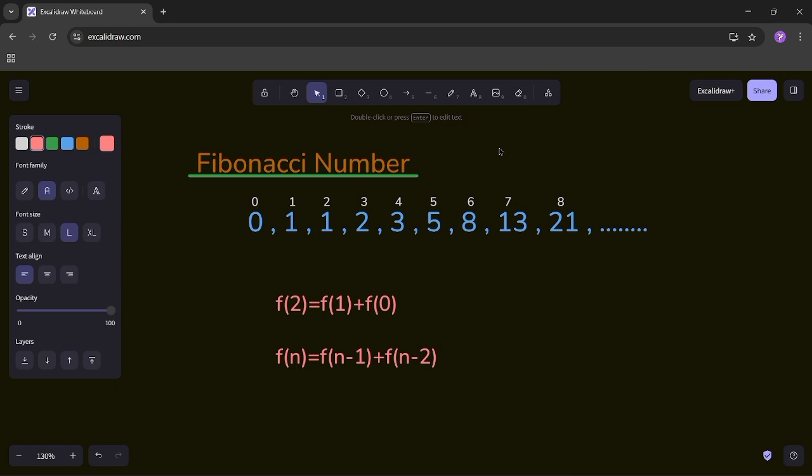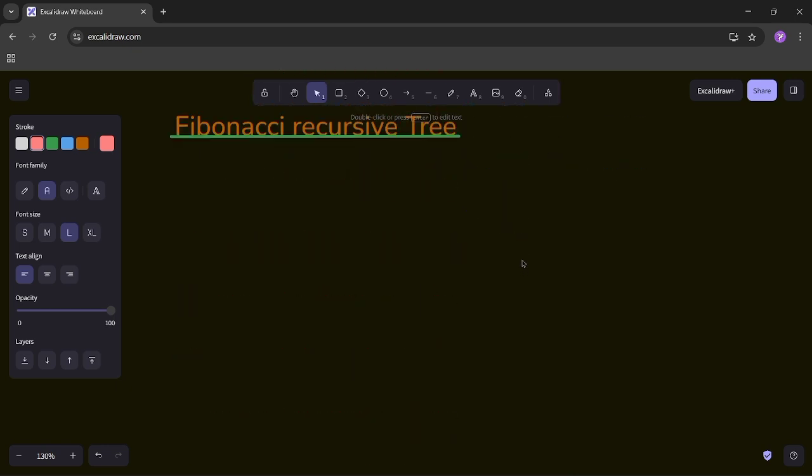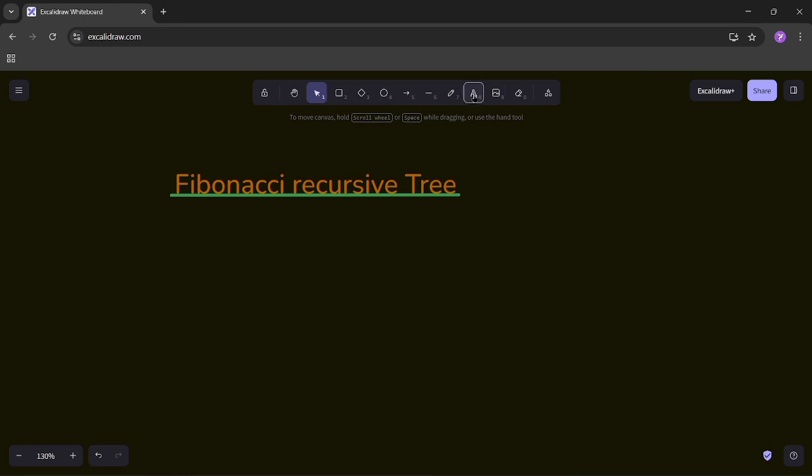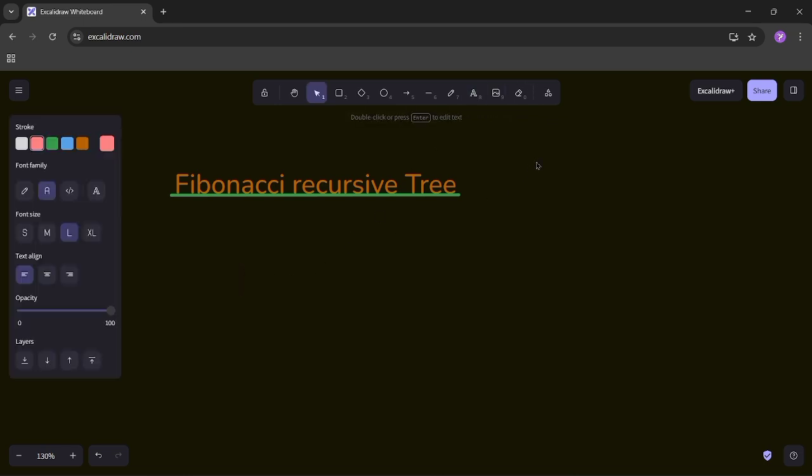Okay, so using a recursive approach, first of all we need to understand what the recursion tree is, so that we understand the recursion process. For example, let's take an example of finding the Fibonacci number of 5.